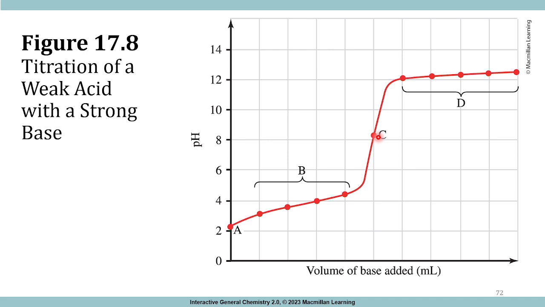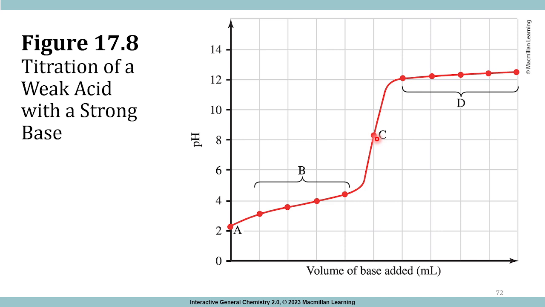Okay? Now, can anybody tell me something about C here? What's the sort of pH you're looking at? So pH of 7 is neutral, right? It's basic. Because instead of making a neutral compound, what are you making?